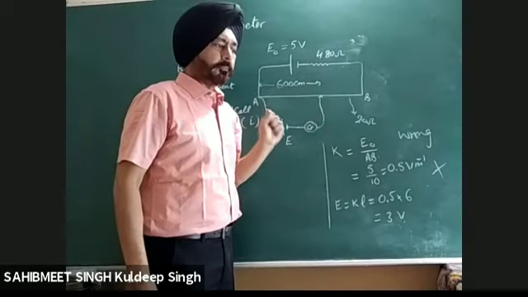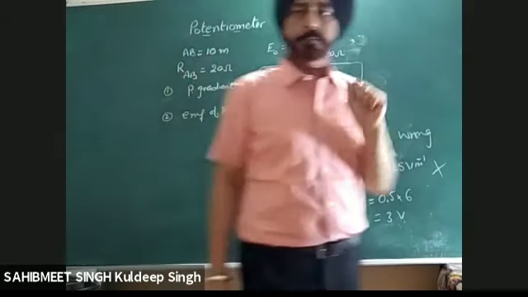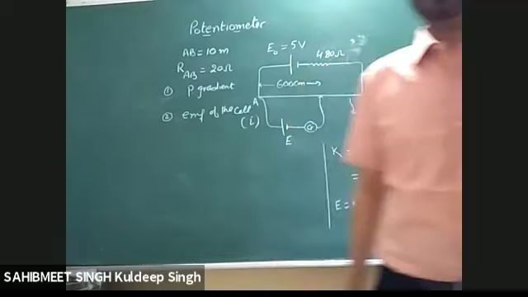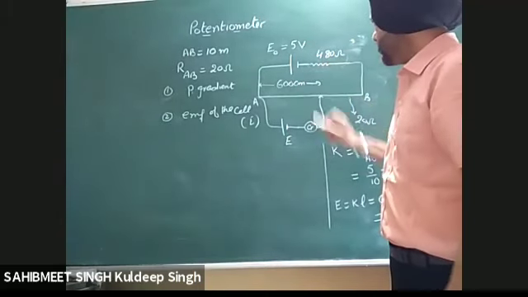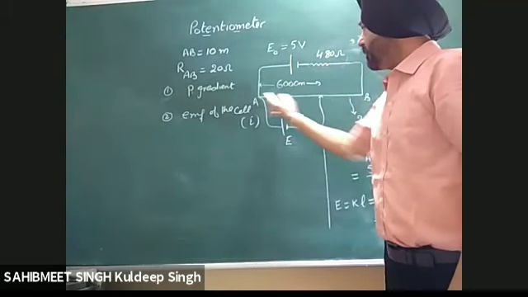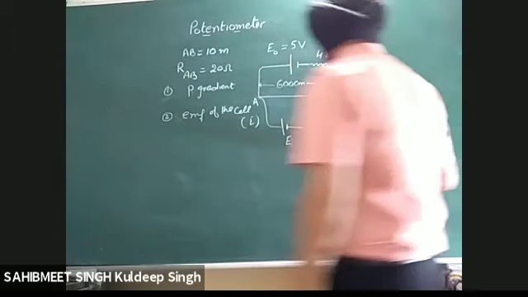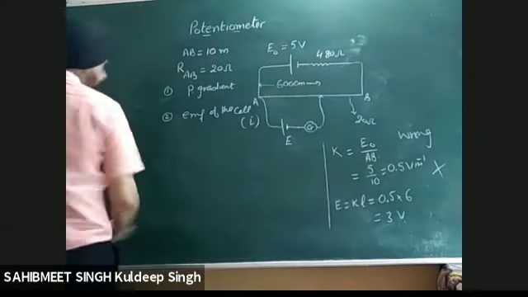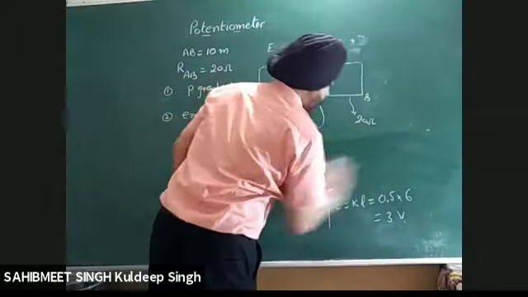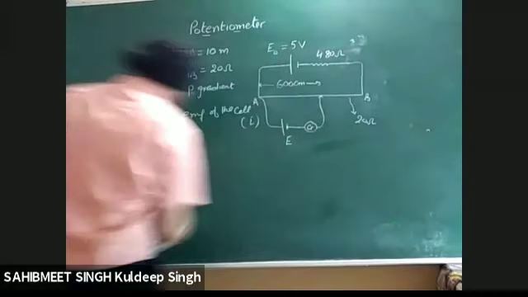So we have to find how much potential is dropped across the resistance and how much is available for the wire. So this method is entirely wrong.